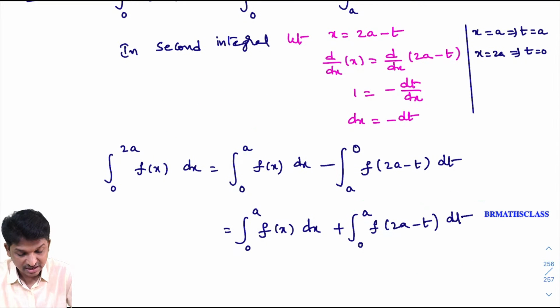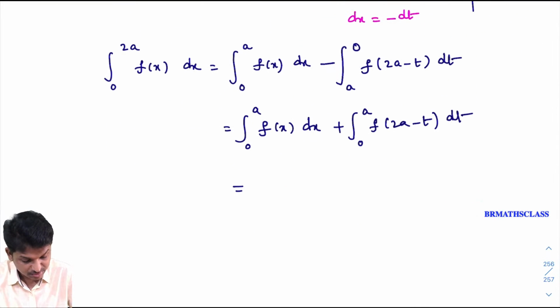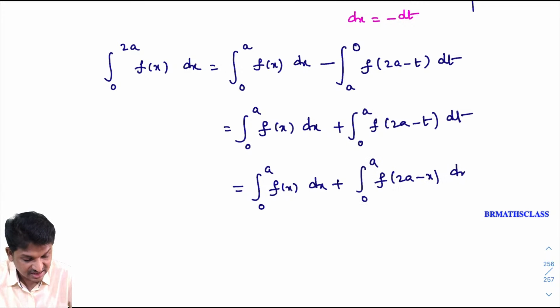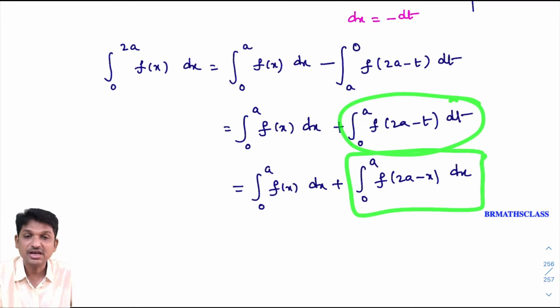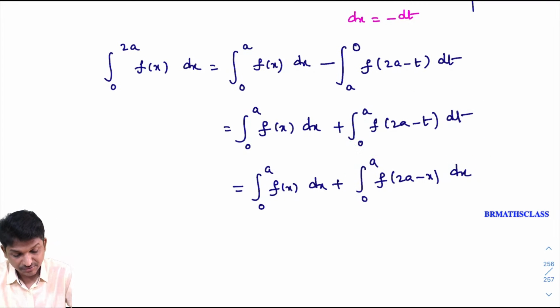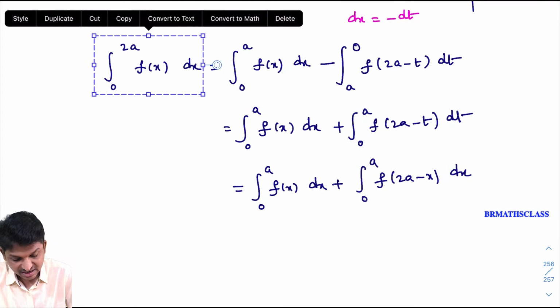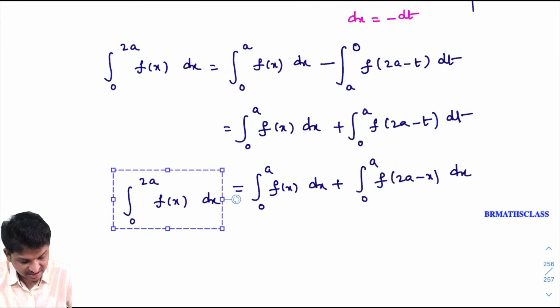So this can be written as the integral of 0 to a f of x dx plus the integral of 0 to a f of 2a minus x dx. This is completely in terms of t, and as t is a dummy variable, I can write it as the integral of 0 to a f of 2a minus x dx. The left hand side part is the integral of 0 to 2a f of x dx.